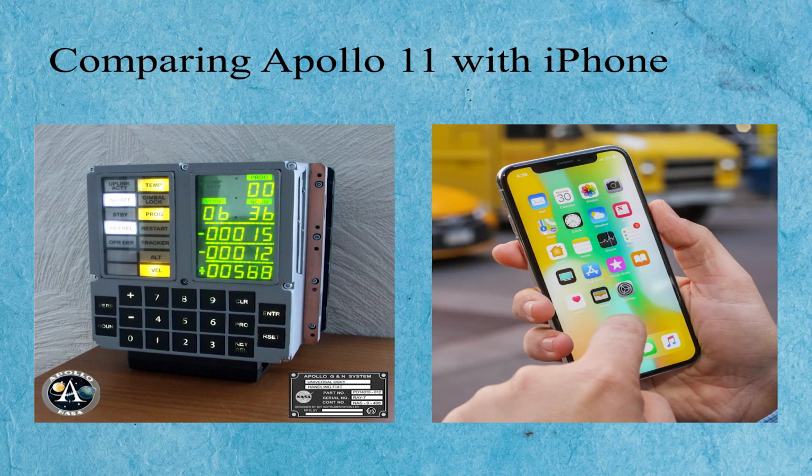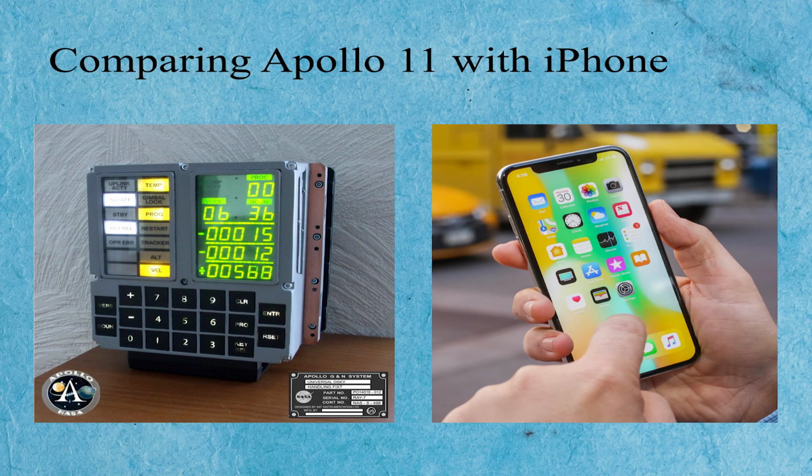And I put a little link here. There's an article that you can read too about that. Just a quick overview. If you compare the computer that helped land the Apollo on the moon compared to what everybody's walking around with in their pocket now, the differences are staggering. In 1969, the Apollo guidance computer had 32K, that's kilobytes, of RAM memory.